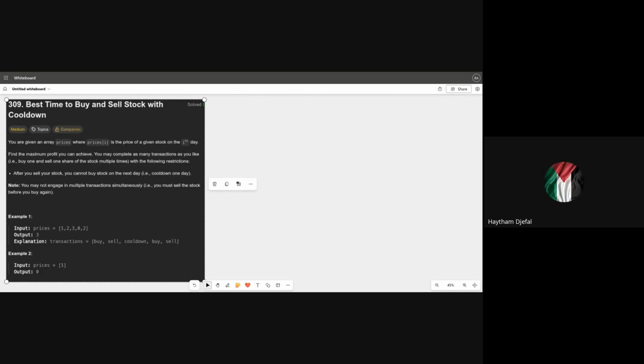And when we want to buy, we need to account for the cooldown that the task mentions. So instead of looping all the way up to I minus 1, we stop at I minus 2. All right. This works, but a bit slow.